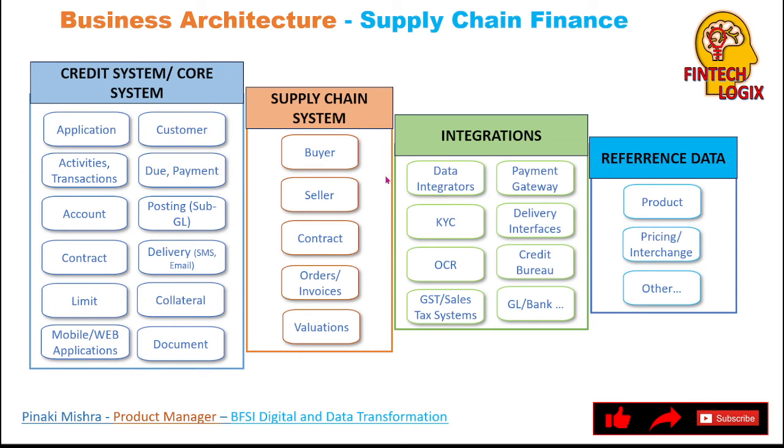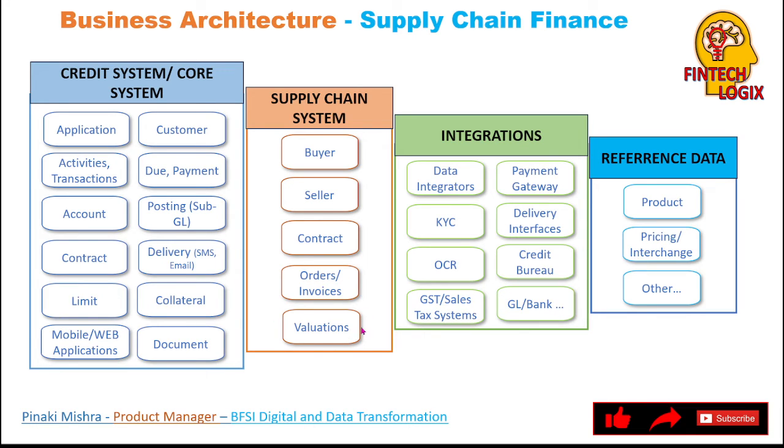Now coming to the second module set, we would have your buyer and seller. As we know, a supply chain finance system runs on the basic backbone of a buyer and seller and the contract, orders and invoices between them. So these are the four sub modules that we would need for the supply chain system in addition to your core credit system.